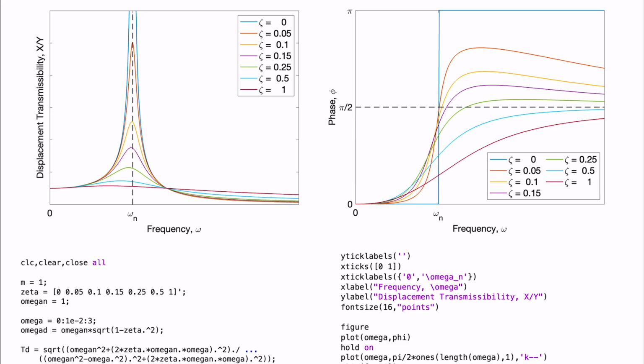It's only when there's no damping, or damping is very weak, that the phase is equal to pi over 2. But this plot allows you to determine, if you know what's going into the base, what the steady state displacement amplitude of your system would be, and the phase, based on what's going into the system.